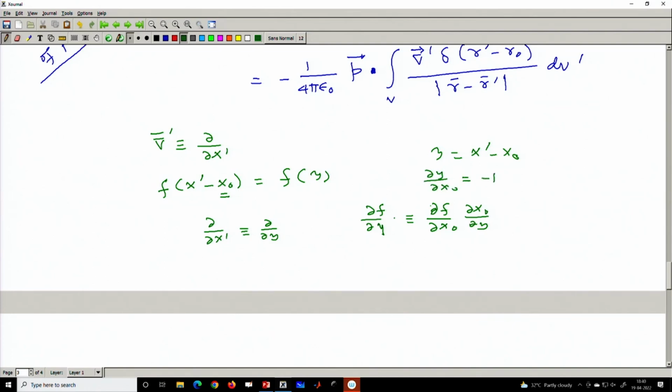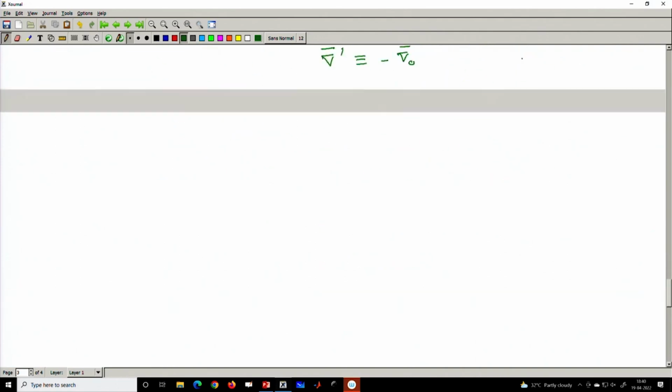So, this operator, if I now change in terms of r 0, then I should only have a minus 1. So, this is minus of del f del x 0. So, whatever the operator we have in prime, that is equivalent to minus of the operator with respect to r 0. This 0 stands for this r 0, over that I am operating, and that is the trick here.